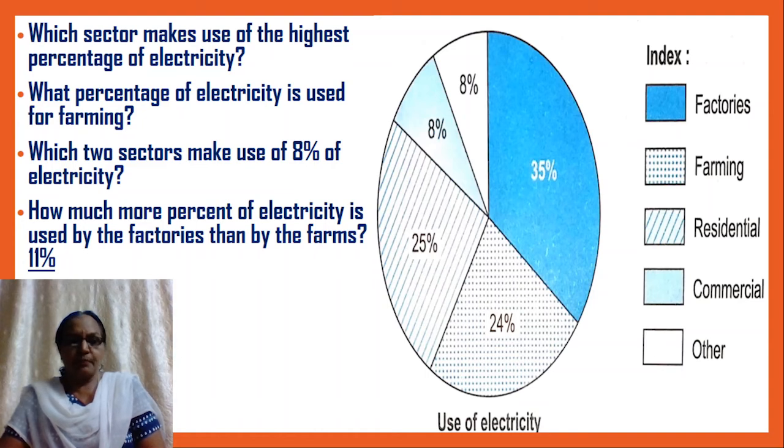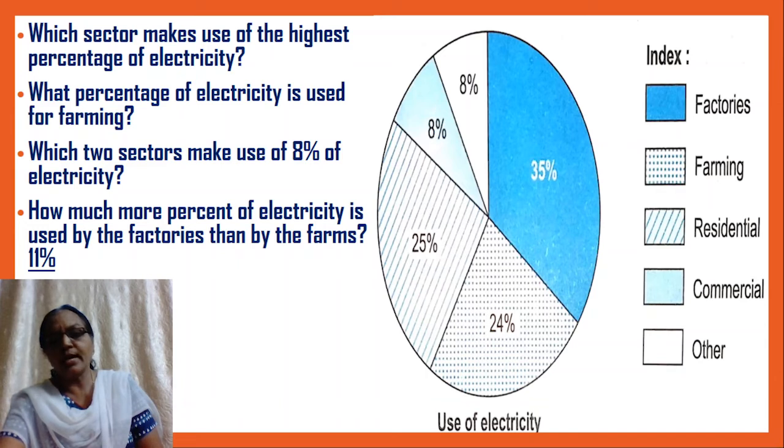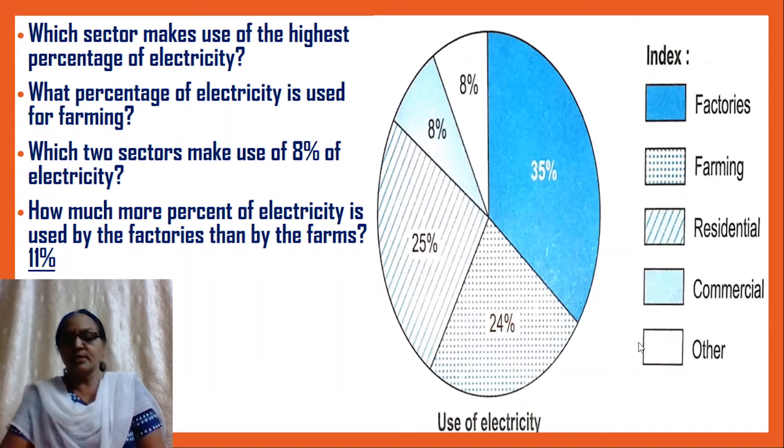The next one. Which two sectors make use of 8% of electricity? Correlate that with the index shown. This is commercial and this one comes to other. So your answer is the commercial sector and other sectors consume 8% of electricity.